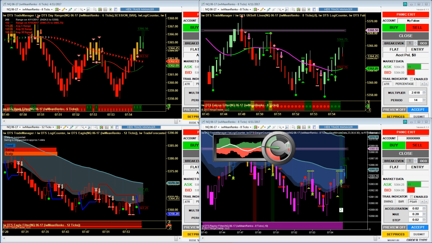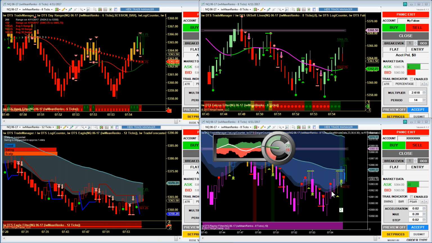Look at that. Another soft edge buy signal here. Trade forecaster is saying we are in scalp mode, which is looking to be a little bit more evident.